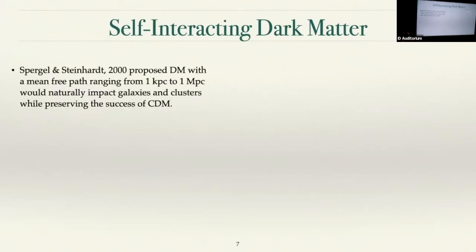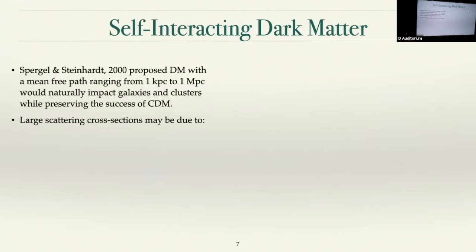And this is where one such model comes in. This is self-interacting dark matter, and this was proposed in the seminal paper by Spergel and Steinhardt in 2000. They proposed that if you have a dark matter that has a mean free path ranging from about a kiloparsec to a megaparsec, you can naturally impact galaxies on kpc scales while still preserving the large scale success of CDM.